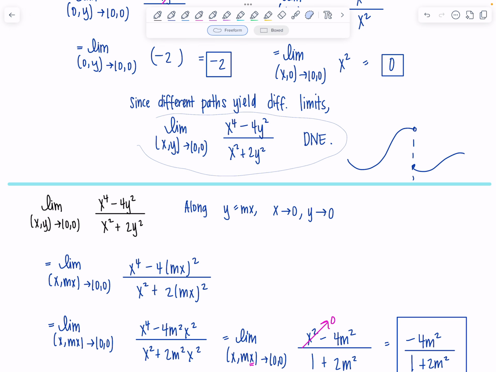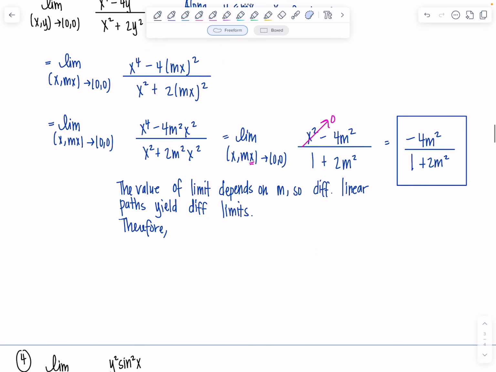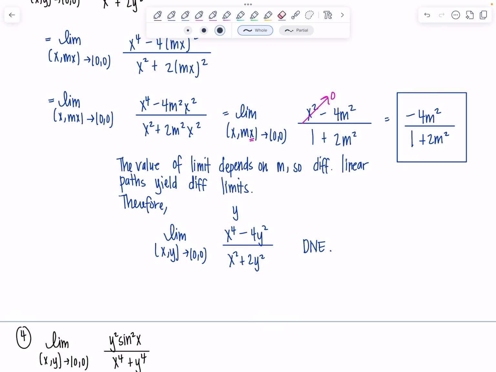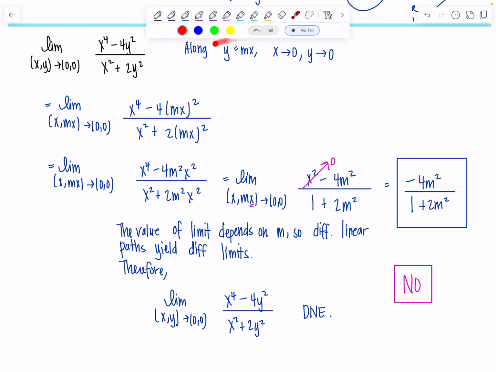Now, are you ready? Something dangerous I need to tell you. What if I got a number? What if I got a number like 4? Could I say the limit exists and it's 4? No, no, no, no. Because in this case, we just checked for a general linear path.